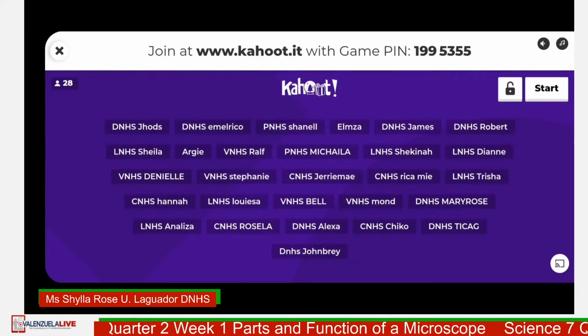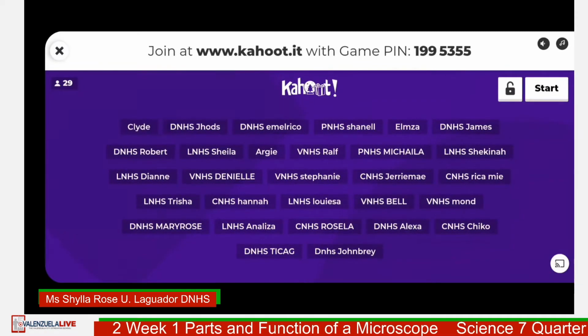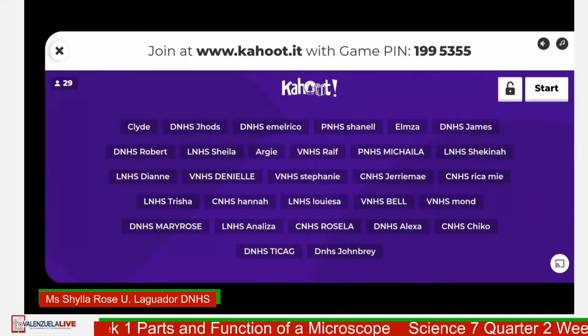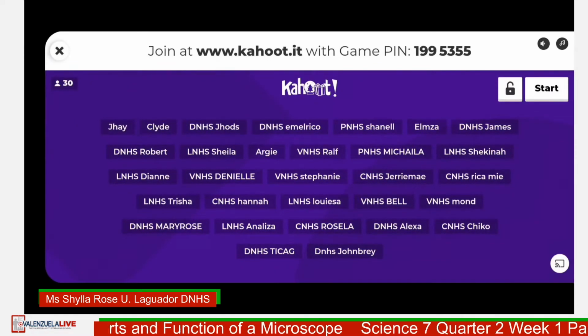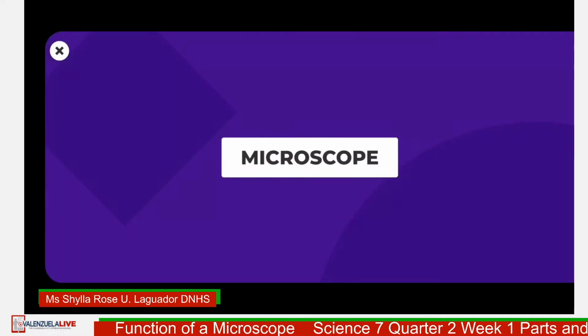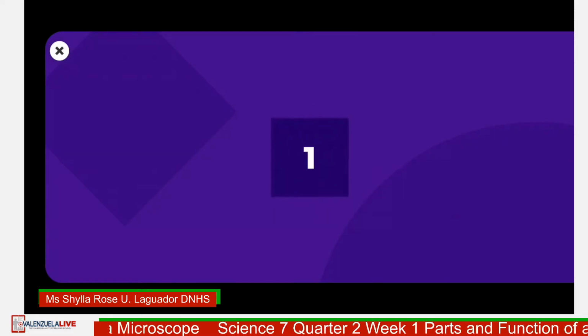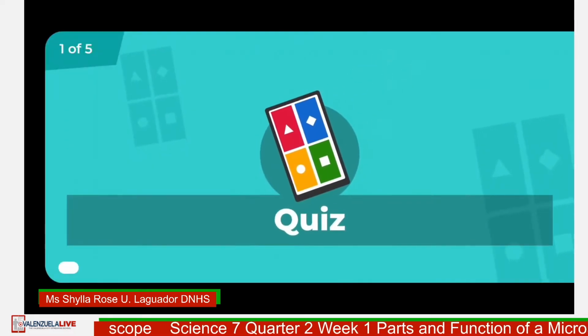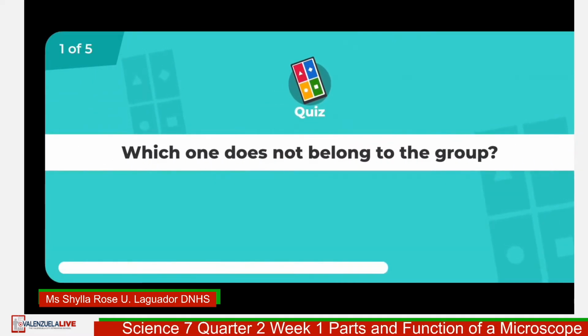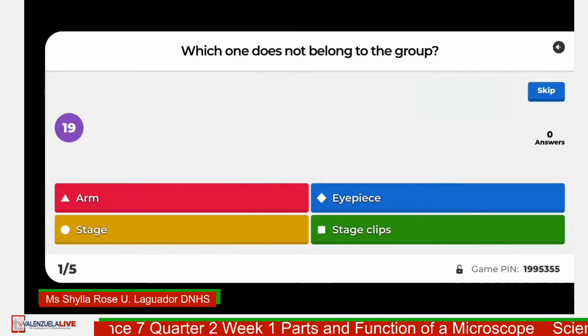Before we begin, please be reminded that we only have one question all throughout the game. The choices are the ones to vary for each item. Let's start! Item number 1. Which one does not belong to the group?